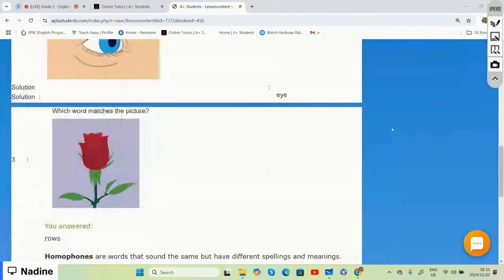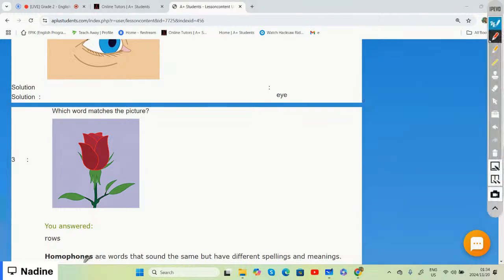And lastly, if we look at the next one, if we look at that word, the word that matches that picture is rose.